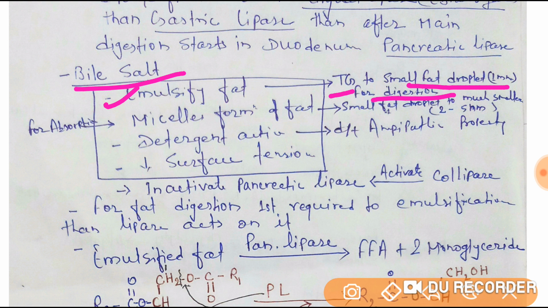For the absorption of the digested fat, it has to form micelles. That means the small fat droplet becomes much smaller. For micelle formation, the size should be 2 to 5 nanometer, and after that absorption takes place.